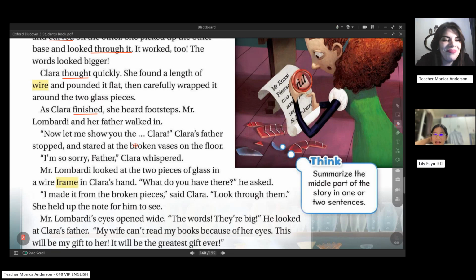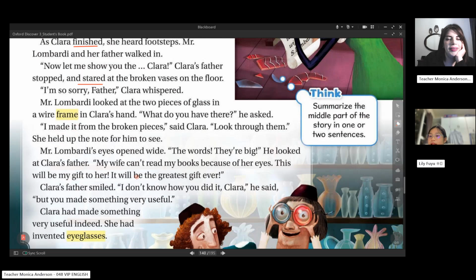Clara found her stuff and stared at the broken vase on the floor. "So sorry, Father," Clara whispered. Miss Lombardi looked at two pieces of glass in the wire frame in Clara's hand. "What do you have here?" he asked. "I make it for broken piece," said Clara.